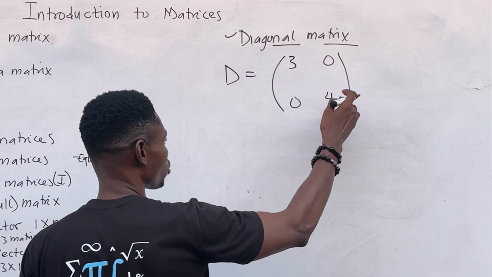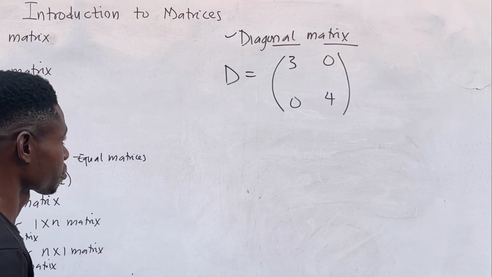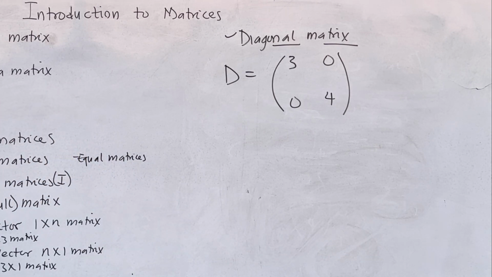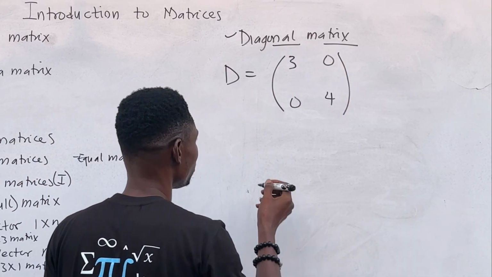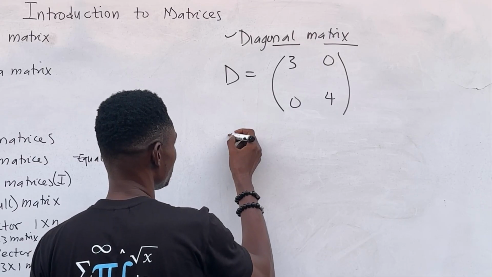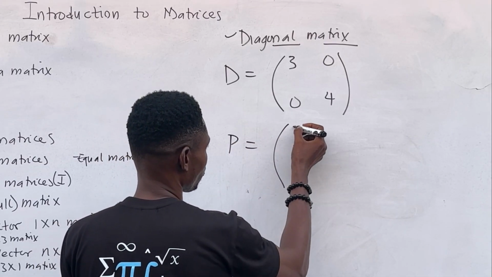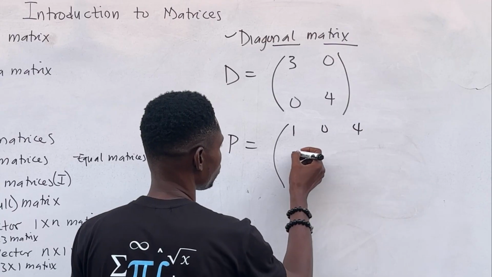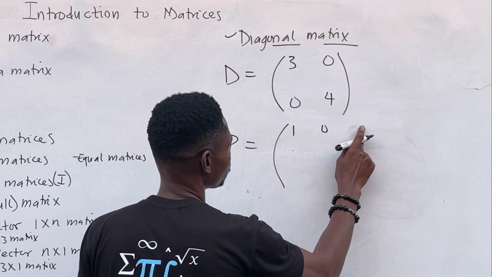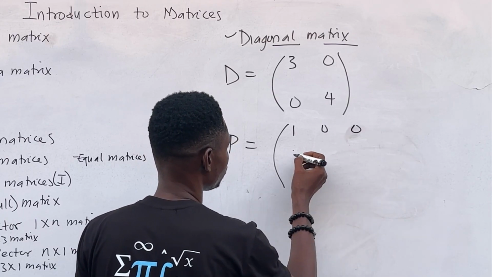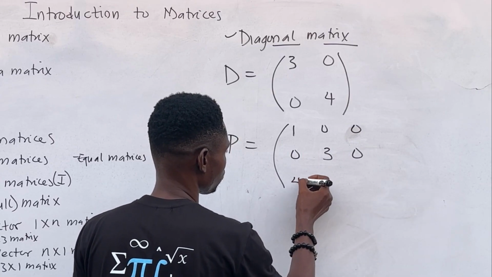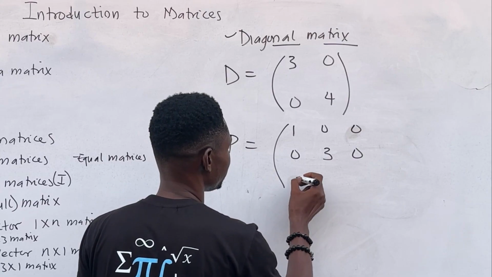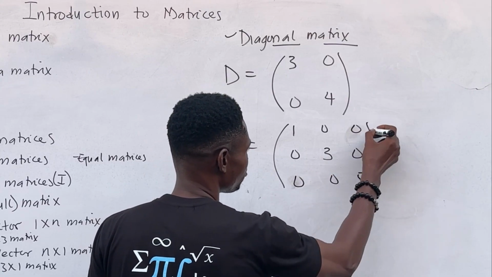This is a diagonal matrix because the elements in the main principal diagonal are non-zero, but all the other elements are 0. Look at this too. Let's say P equals 1 0 0, 0 3 0, 0 0 5, for example.